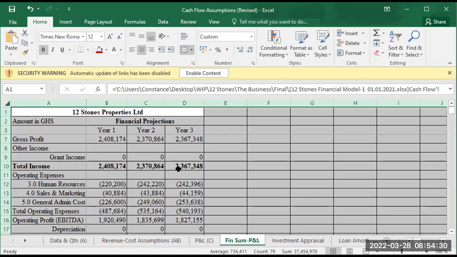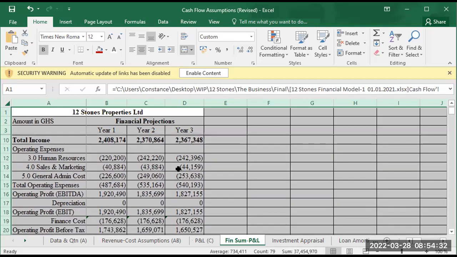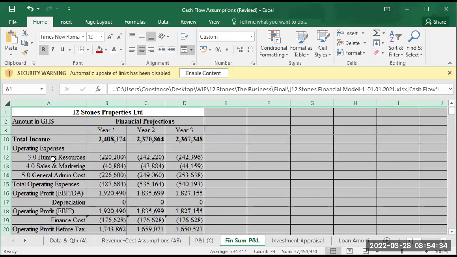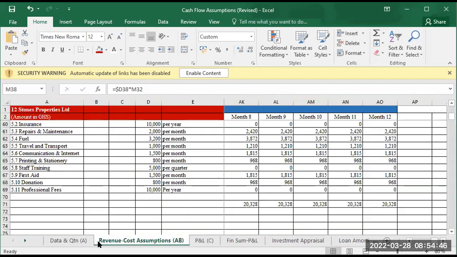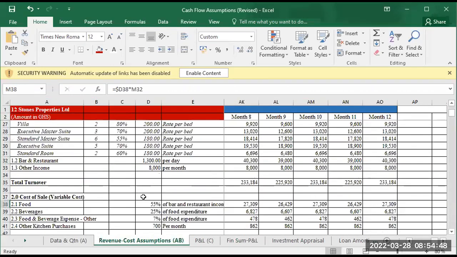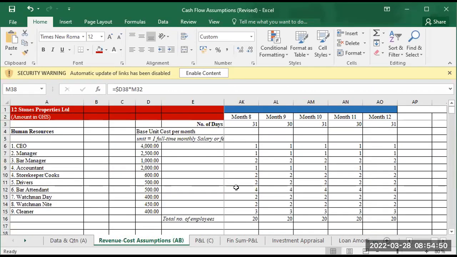But if this is the total income, what about expenditure? Expenditure, we've also already calculated, in all, human resources: how much is spent on human resources for the first year, the second year, the third year. Going back here, for human resources, the CEO, you do those multiplications.